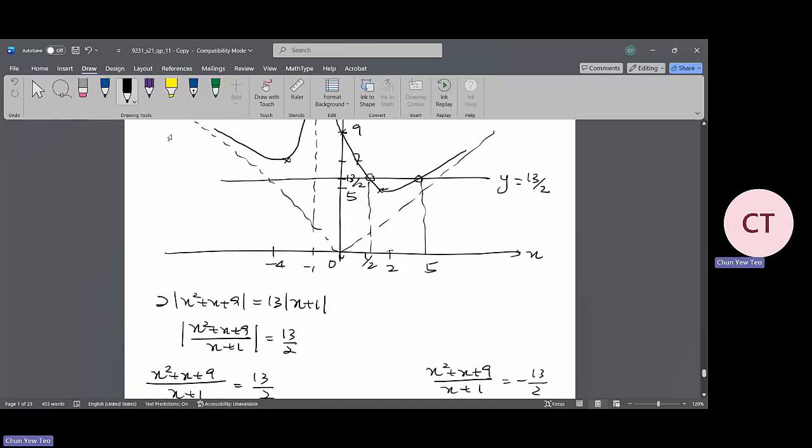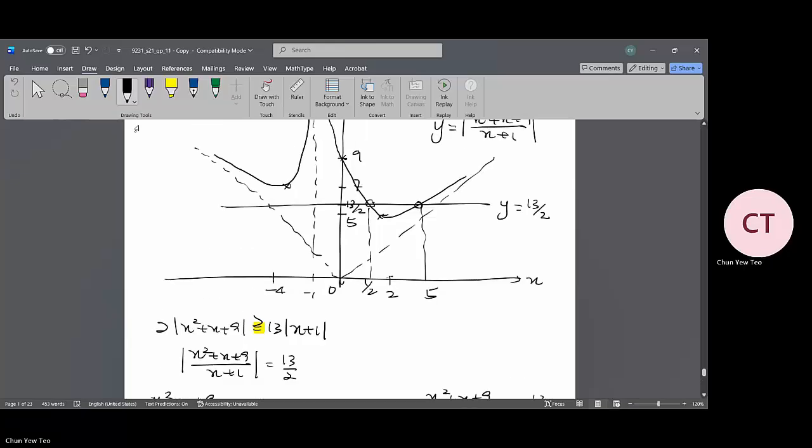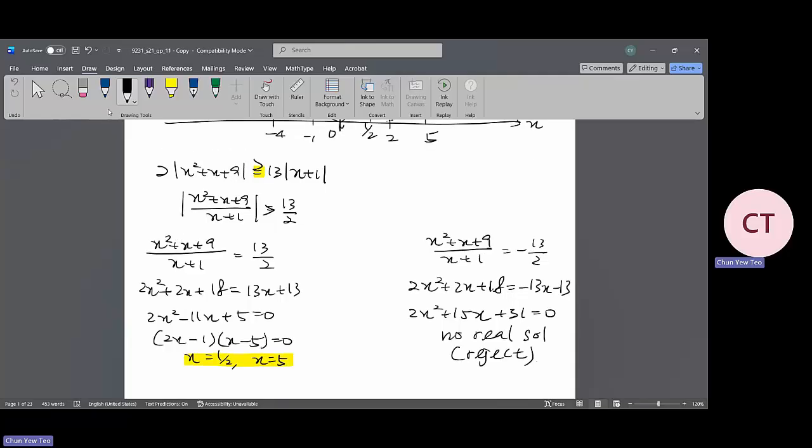So in order for this to be greater, so that means it will be greater, then the answer will be here, this part and this part. So you can just say that this one, I make it become equal again.